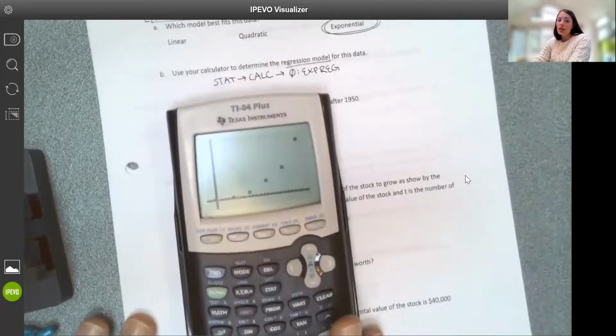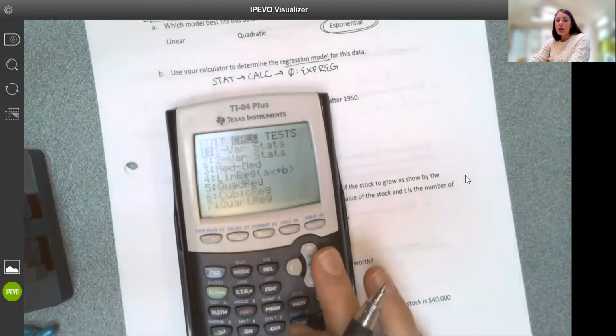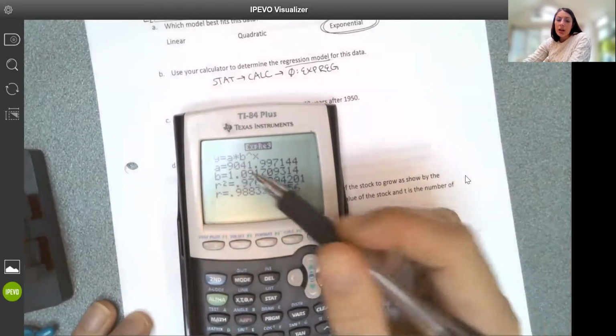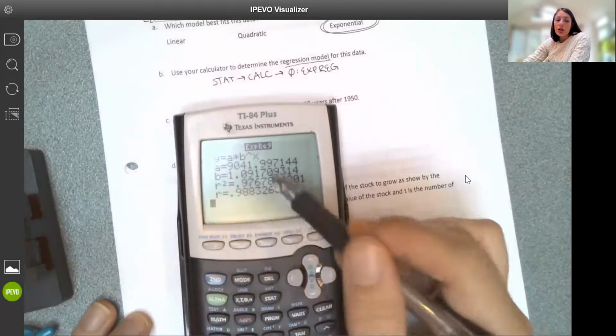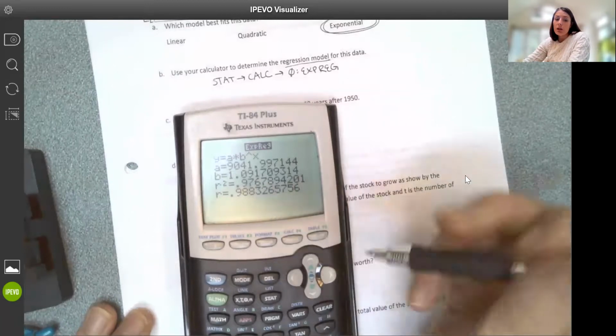Okay, so I have my data in. Starting part 2, which is get the equation, go stat over to calc, option 0, calc, enter, and I know that I can plug in A and B to my function up here, and my correlation is pretty good here.